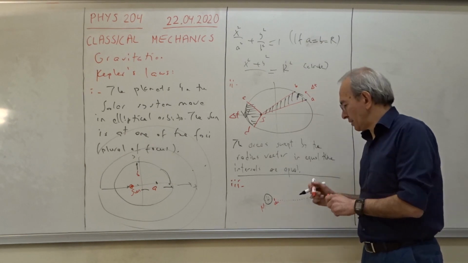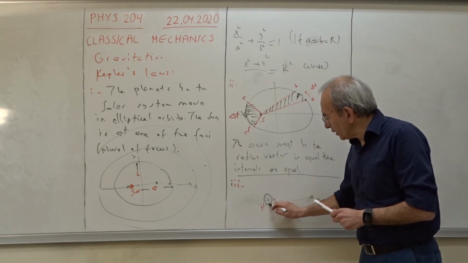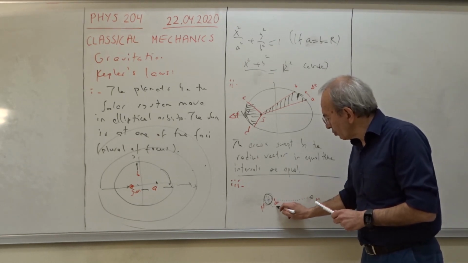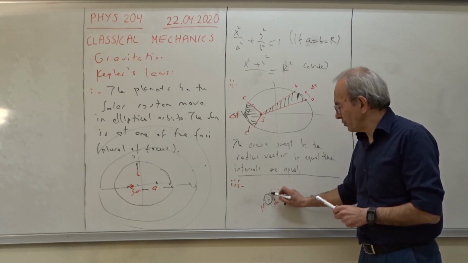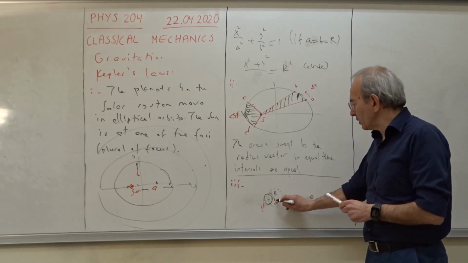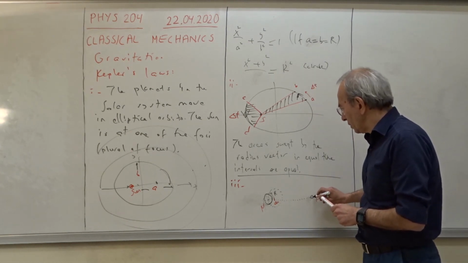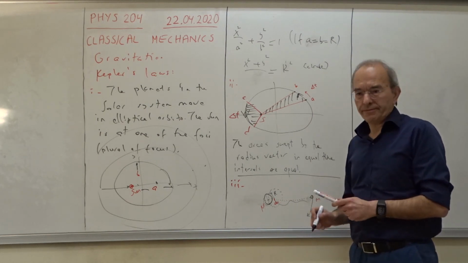This is the center of mass, which means that this object makes a rotation around the center of mass with such a radius, let's say capital R, but this one completes the rotation the other way with this radius.